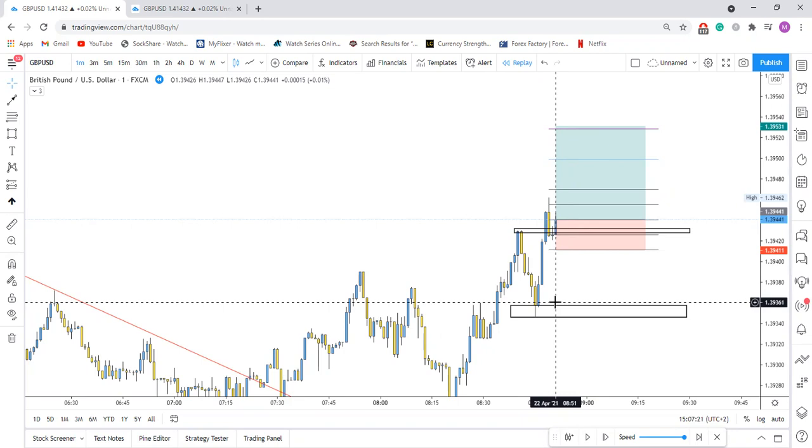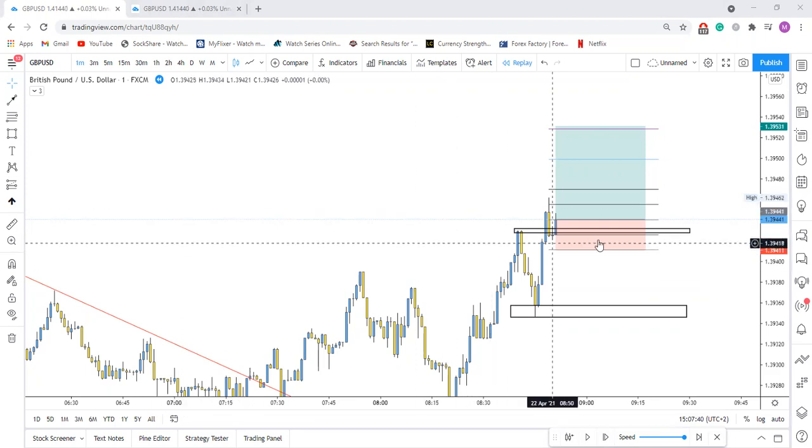That is the 22nd of April, 8:51 a.m. Okay, let me just capture that. Entry was 1.39441, and that was a 3 pip stop loss, 12 pip TP, long.